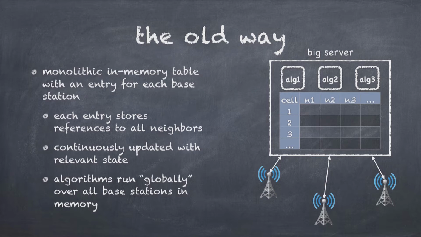So imagine this big table is in memory, and then you have a set of algorithms that run periodically over all of that data. And they make some decisions and then tell the base station, hey, change this or change that. So to summarize, the algorithms run globally over all the base stations in memory.